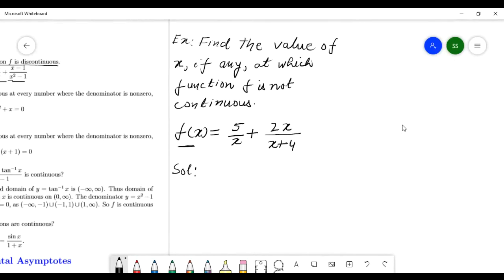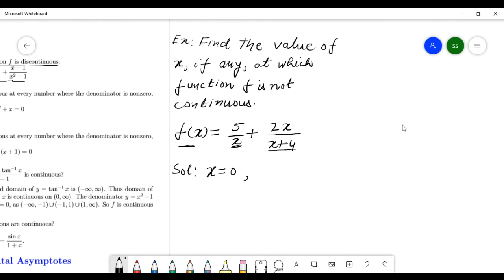Last lecture what I told you? Last lecture I told you you have to see here the denominator. Here x modulo and here x plus 4. Okay. So if denominator is 0 at any number, problem at that number. See this x, take this x equal to 0.